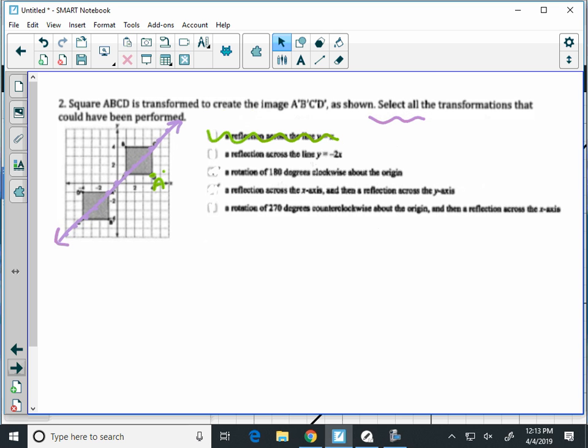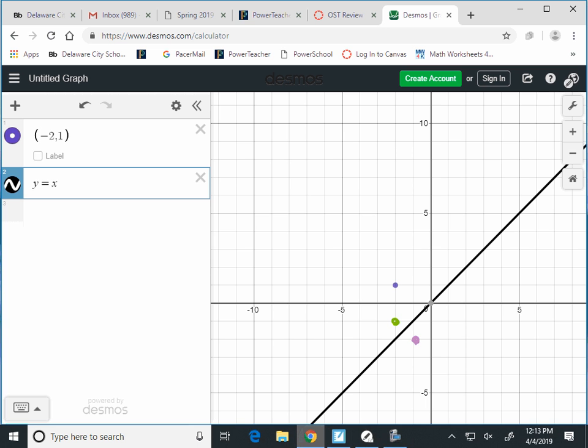On a reflection over the line y equals -2x. Again, if you're like, I don't know how to graph that line, Desmos. Just plot it in Desmos, graph y equals -2x in Desmos, and copy the graph.